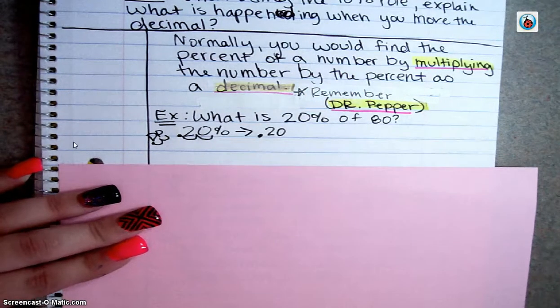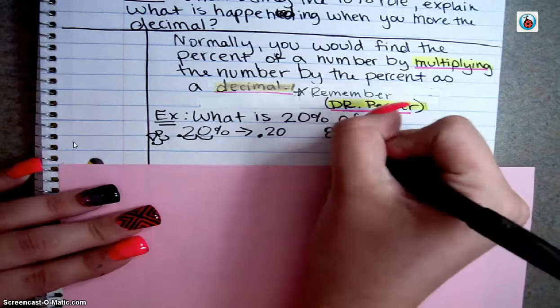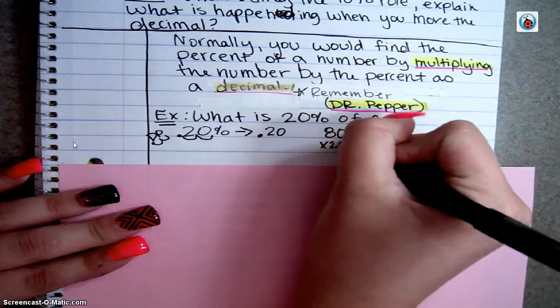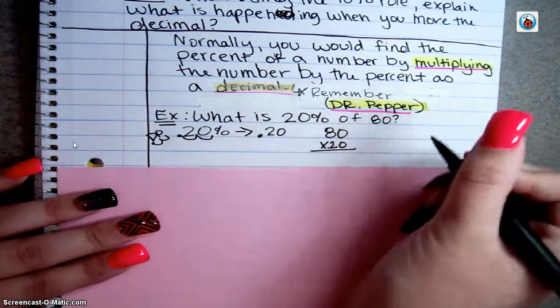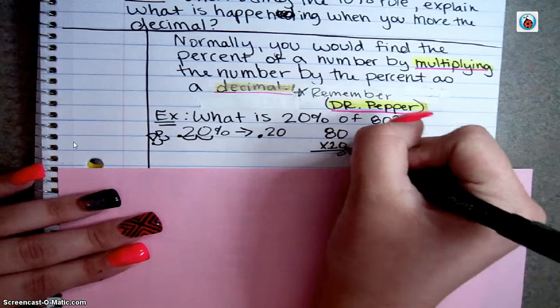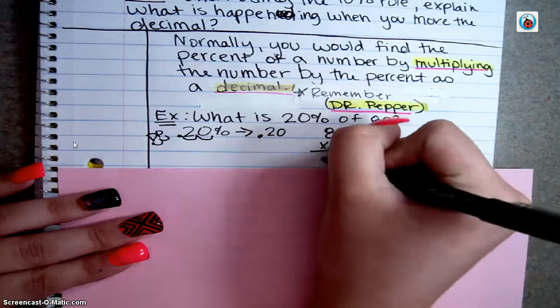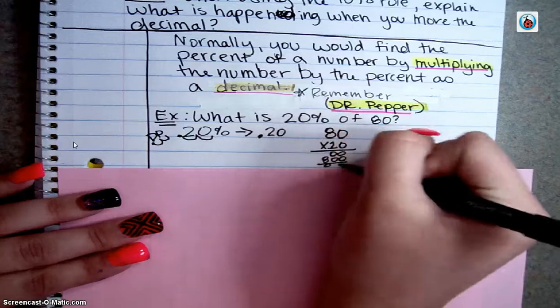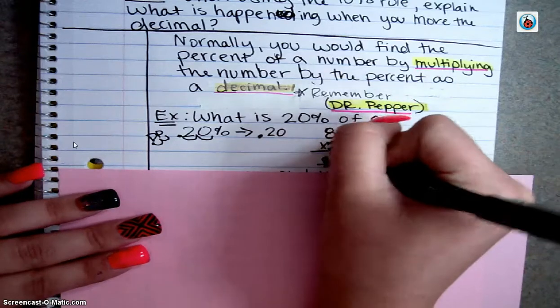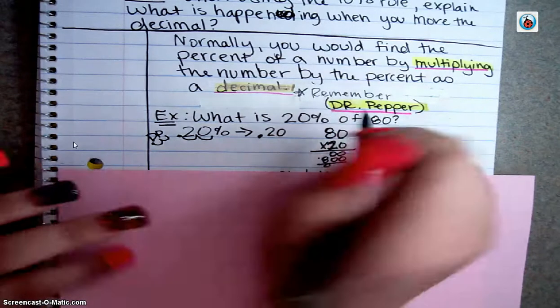Now to find 20% of 80, I'm going to do 80 times 20 hundredths. So 0 times 0 is 0. 1 times 0 is 0. Sorry, that's not a 1, it's definitely a 2.